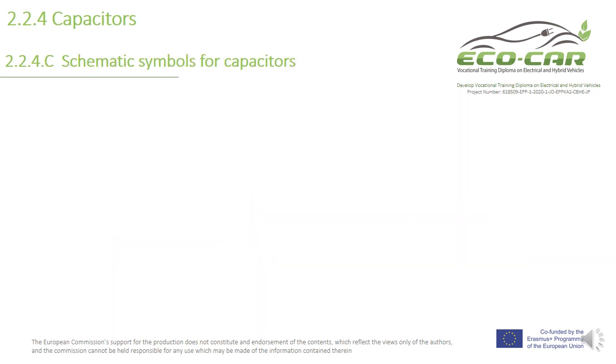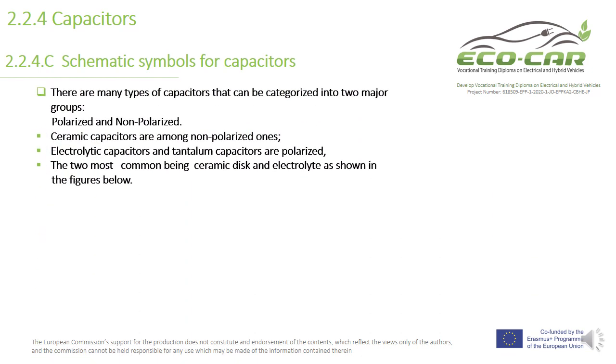Schematic symbols for capacitors. There are many types of capacitors that can be categorized into two major groups: polarized capacitors and non-polarized capacitors.